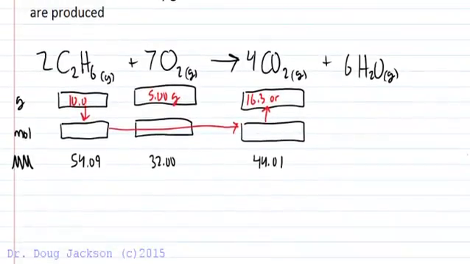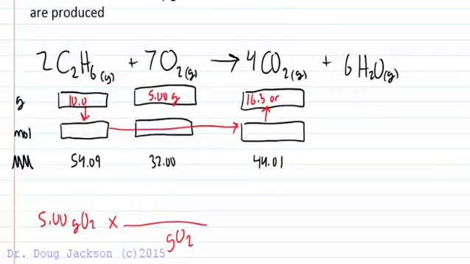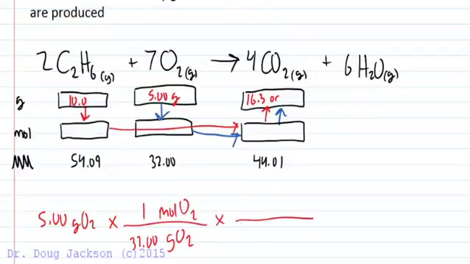So we start with our given. As always, get rid of the given units. We want to get to moles via this path. So let's convert to moles. 32.00 grams per mole is the molar mass. Then we want to get rid of moles of O2 and get moles of CO2, just like we did before, just have to do double the work for limiting reagent.